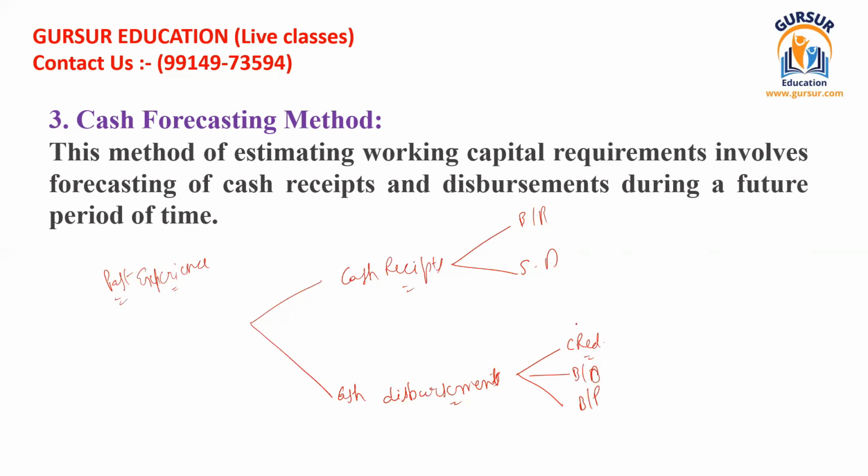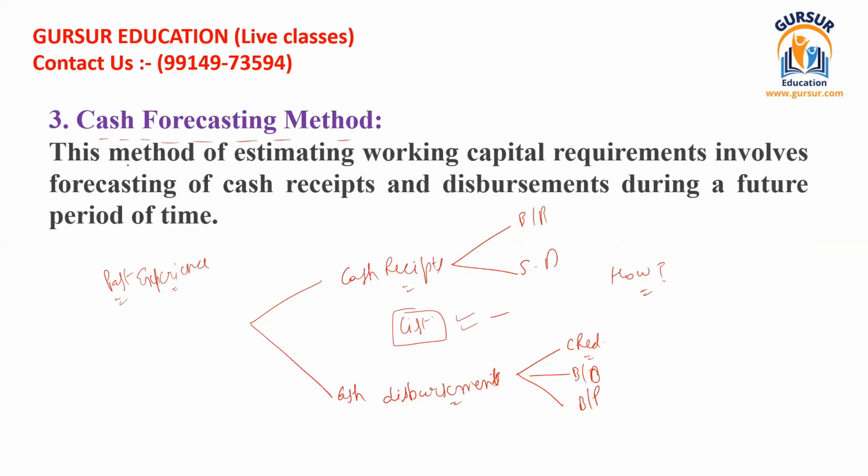So what do you have to do? You just have to prepare a list of all the cash receipts and all the cash disbursements, and on the basis of that list, whatever the final balancing figure is, you can easily calculate how much working capital is required in your business. So this is known as the cash forecasting method.